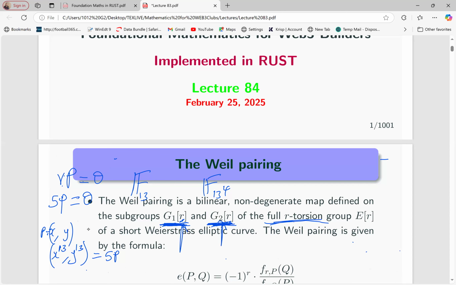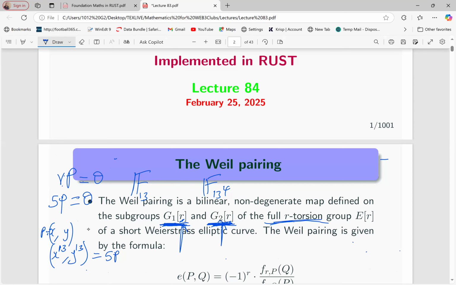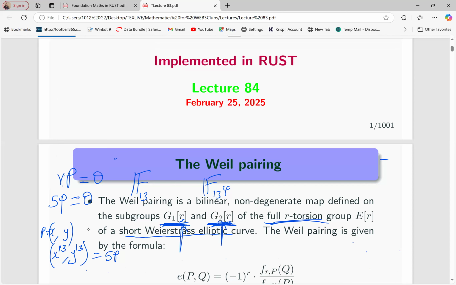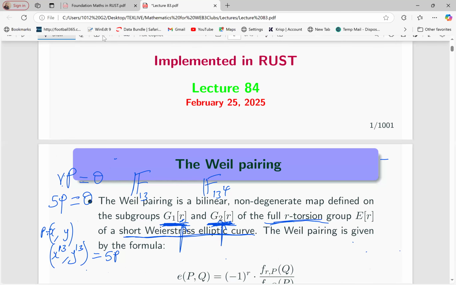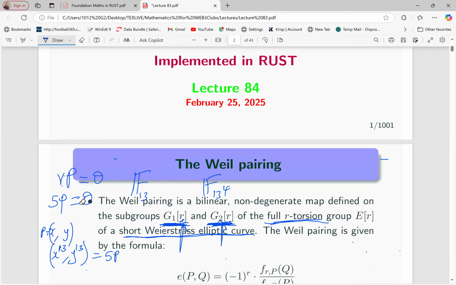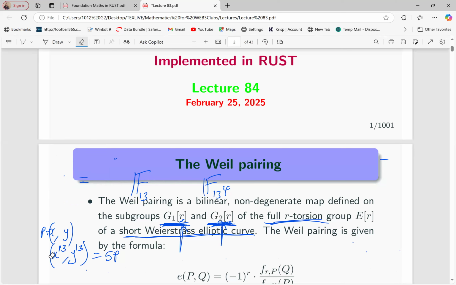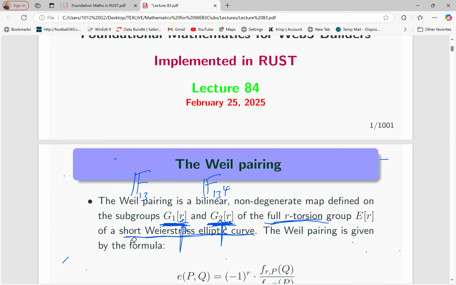Another point we've emphasized is that, though we've seen so many forms of elliptic curves, Weil pairing will be done on the short Weierstrass form, not just any other form. So if you have your elliptic curve in some other form like Montgomery, Edwards, or twisted Edwards, because we have so many forms, you may want to first convert it to Weierstrass.